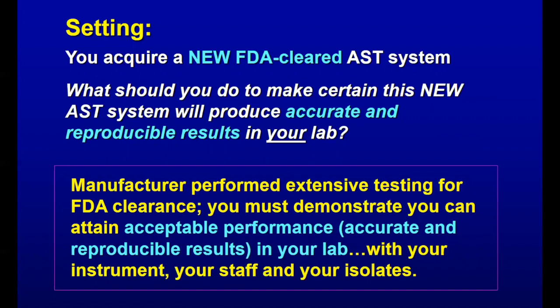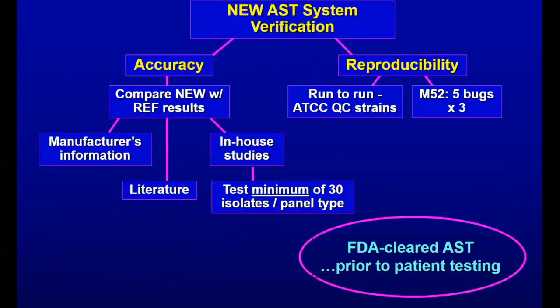So now it's your job in the laboratory to show that you can attain acceptable performance in terms of accuracy and reproducibility with your instrument, with your staff, and your isolates. So the system has already been looked at extensively by the manufacturer. You now have to make sure it works in your laboratory.